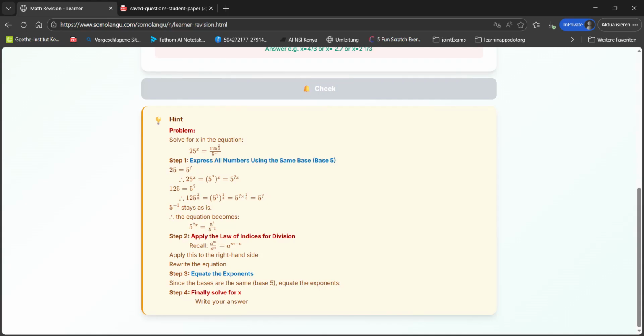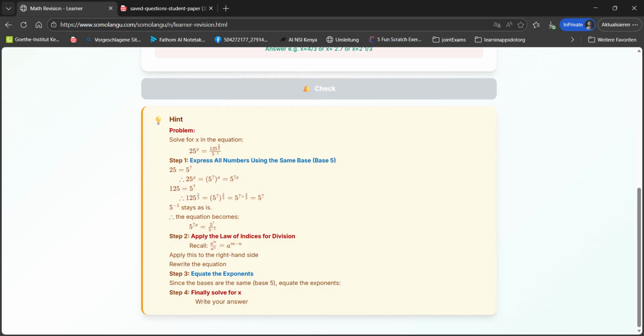So 25 to a base of 5, what's the power? Then we convert 25 to the power of x to a number to the base of 5 and still to the power of x. That's the first step on the left hand side. Then we go to the right hand side. We start with the numerator where we have 125 to the power of 2/3.